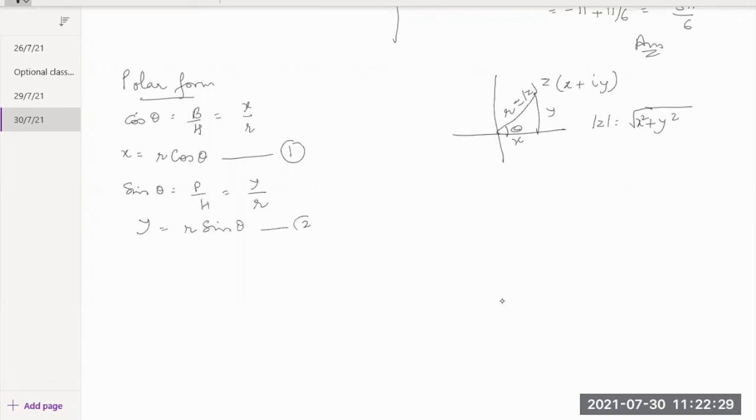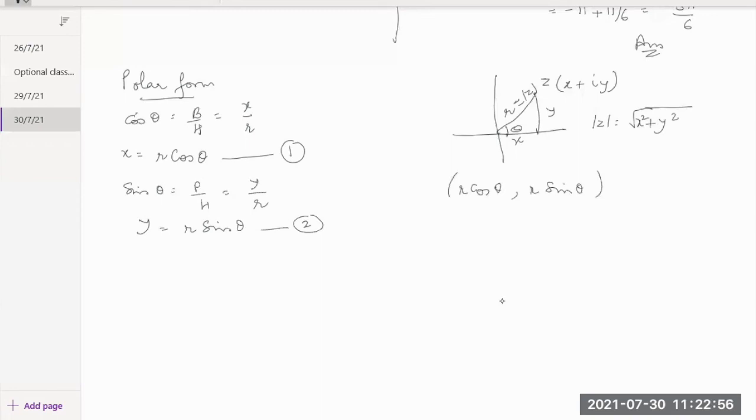This is the polar form of y coordinate in terms of the theta, which has been drawn over here in the given figure on the right side. So you have got the values of x and y, which I've numbered as 1 and 2, right? These are the polar coordinates. That is why they are written also like this: r cos theta, comma r sin theta. This is the representation of it, basic.